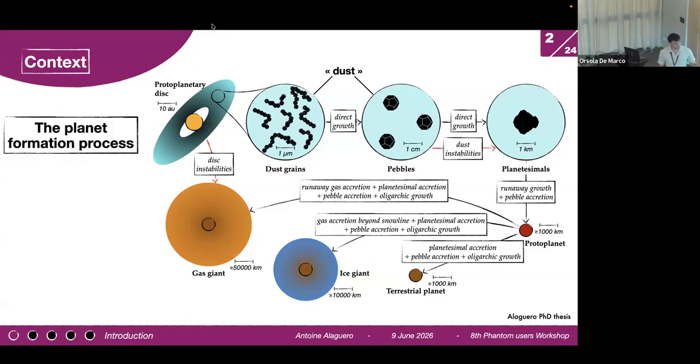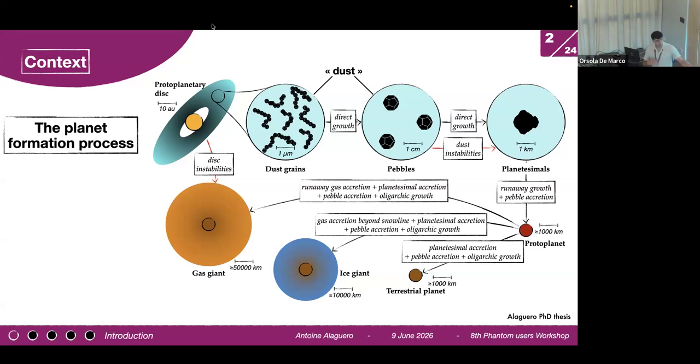And these pebbles, by colliding with one another, and also for some reasons that I will highlight later, decouple from the gas and perturb the disk to form pebble accumulations, leading to the formation of planetesimals that are basically kilometer-sized bodies.